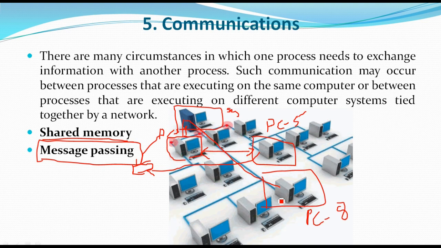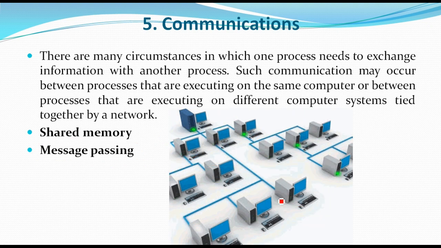Either both the computers agree to share a common memory, then it is called shared memory communication. If there is no existence of the shared memory, they may go through the message passing technique, so that they can communicate with each other. All right, so this is the fifth service of the operating system.